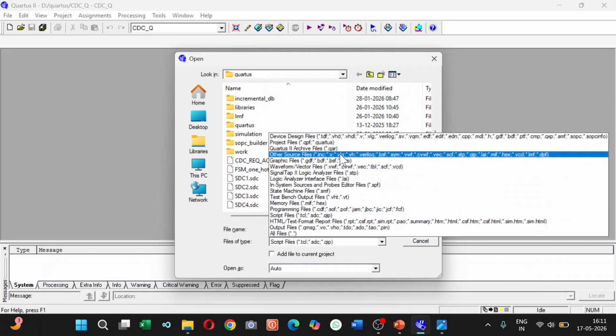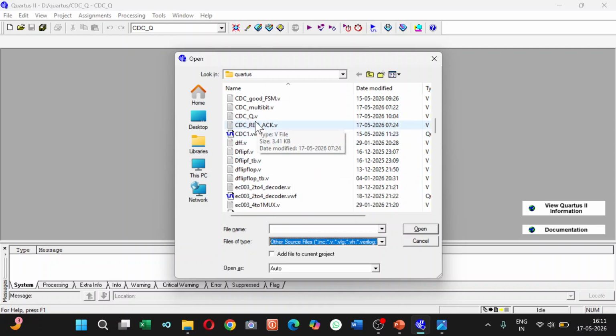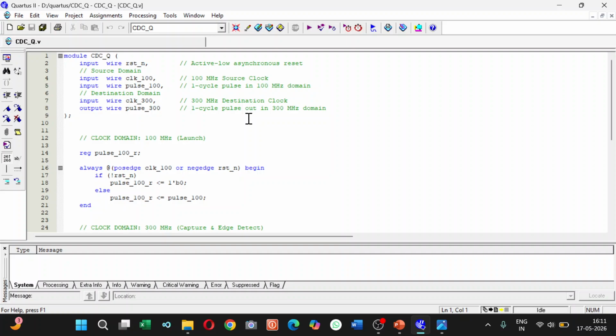In the code you can see we define our asynchronous reset. Here is our 100 megahertz source clock and the one-cycle pulse in the 100 megahertz domain. This is the destination domain.